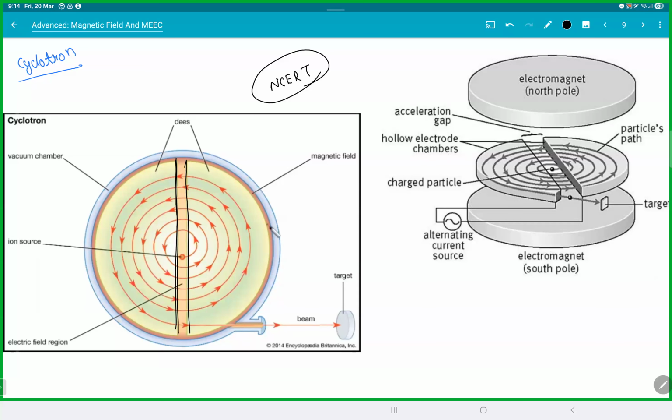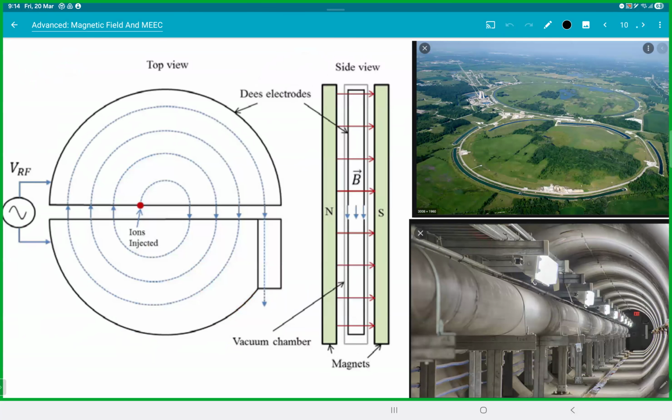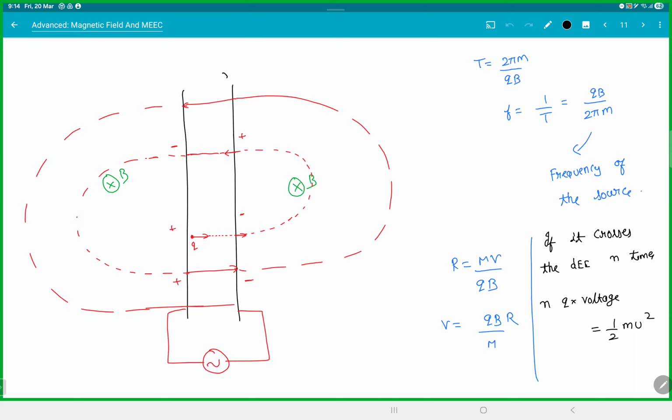One of the drawbacks of a cyclotron is that you cannot accelerate small particles like electrons. The problem is once you start going faster and faster, relativistic effects start coming into the picture. The mass of the particle becomes m naught by root over 1 minus v square by c square. So once you start reaching close to the speed of light, the mass will start increasing.